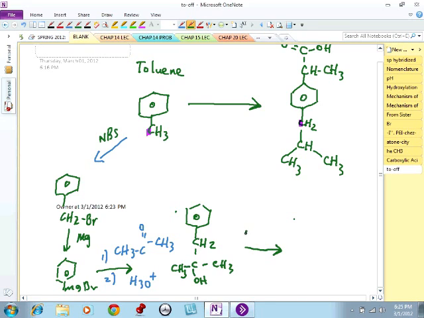Okay, let's do a couple of steps. POCl3, okay, phosphorus oxychloride, very good. Then after that, hydrogenation, okay, good. So after that you do hydrogenation, and that will now give you this here.